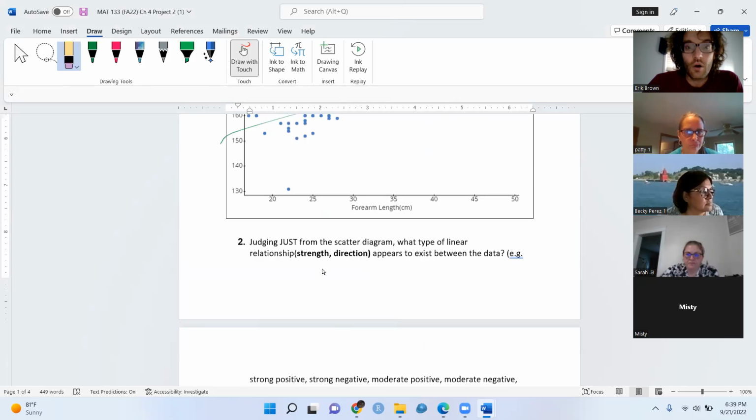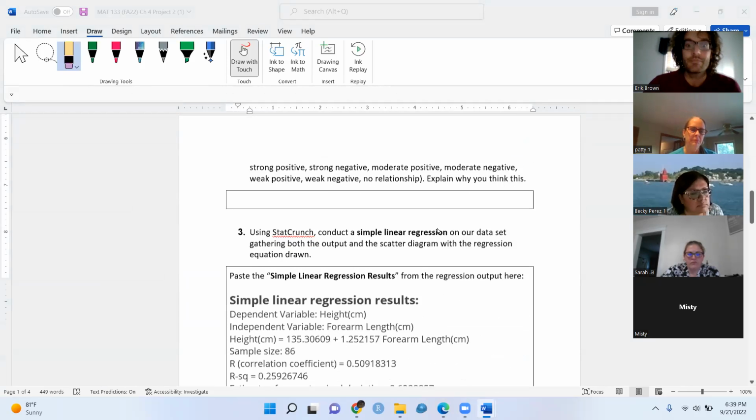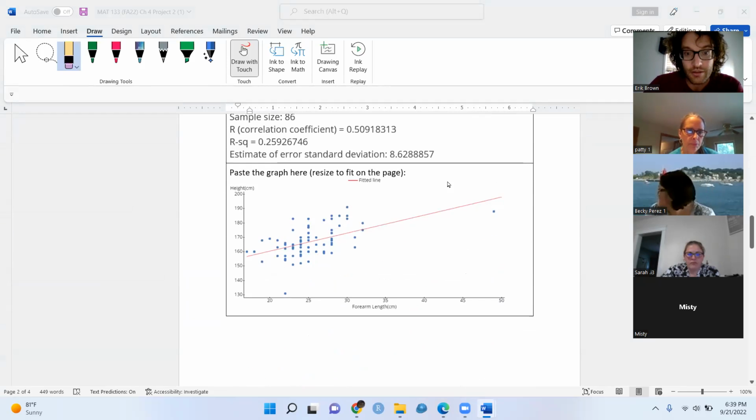It is difficult to look at a graph and be able to correctly state the strength because it's subjective. Like, how close are all these dots to a particular line? It's probably easier to state the strength looking at this graph because the line of best fit, or the model of best fit, is in there.